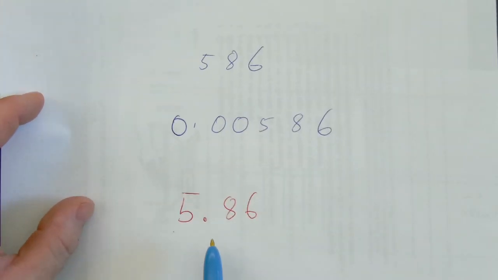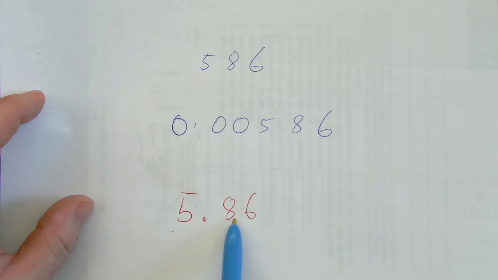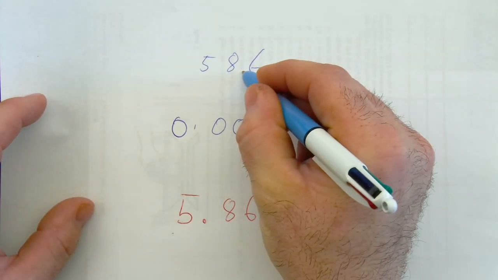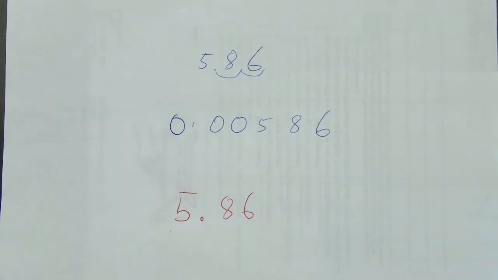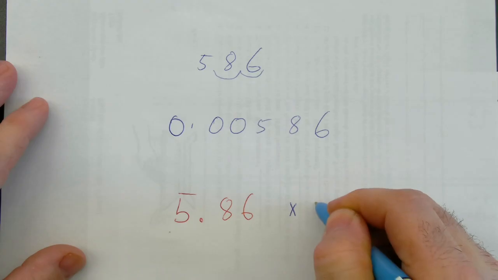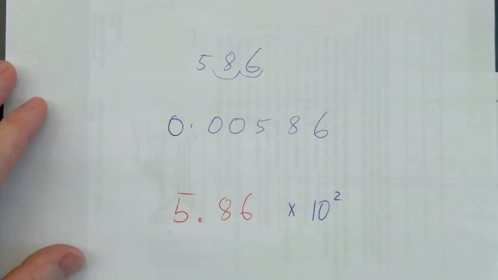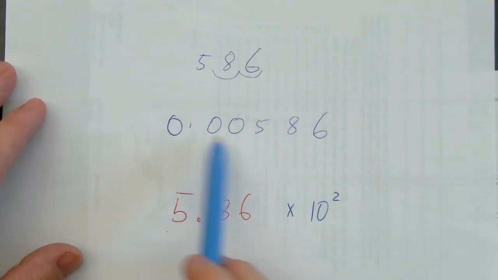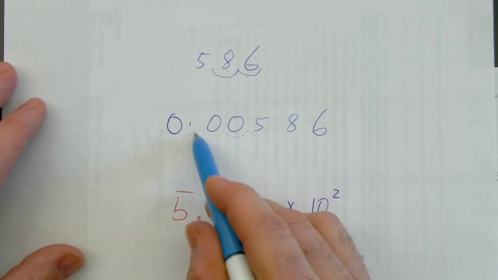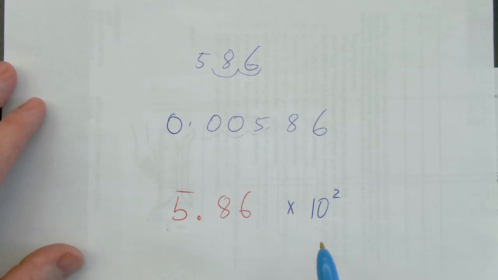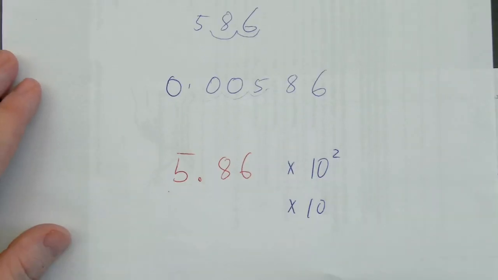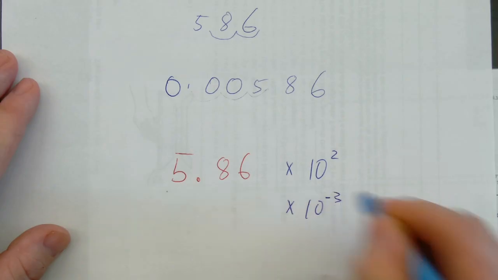Both of these, in scientific notation, give you 5.86. For the top one, to get it to 5.86, you have to move the decimal place that way twice, so this would be times 10 to the second. And this one, you're going to be getting a lot smaller, so you're moving 1, 2, 3 to the left. So that one would be times 10 to the negative 3.